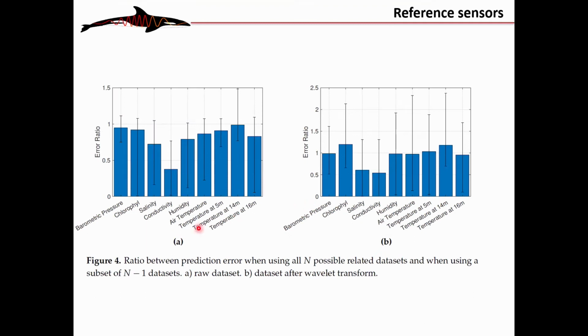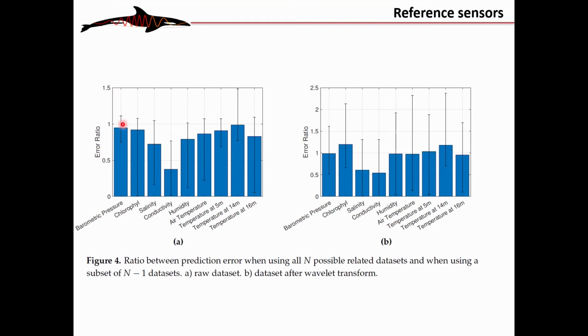This is the reference results when you look at an ensemble of temperature measurements. You can see that the smaller the value gets, the more related the sensors are, because it shows the error ratio in the prediction itself.